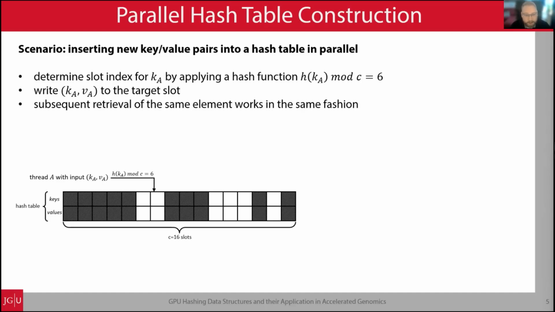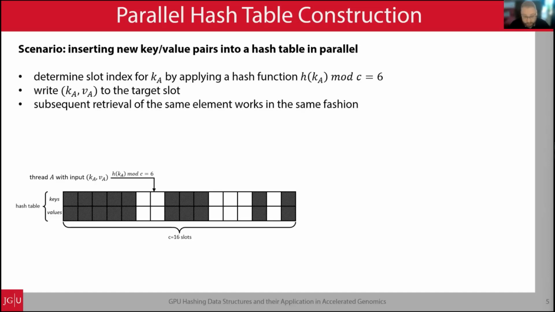If a single thread, here denoted as A, attempts to insert a new key-value pair, Ka and Va, into the table, it first applies a hash function, h, to the key, which gives us a mapping from the key domain into the index domain of the array. In other words, we will get an initial slot index from this hash function.